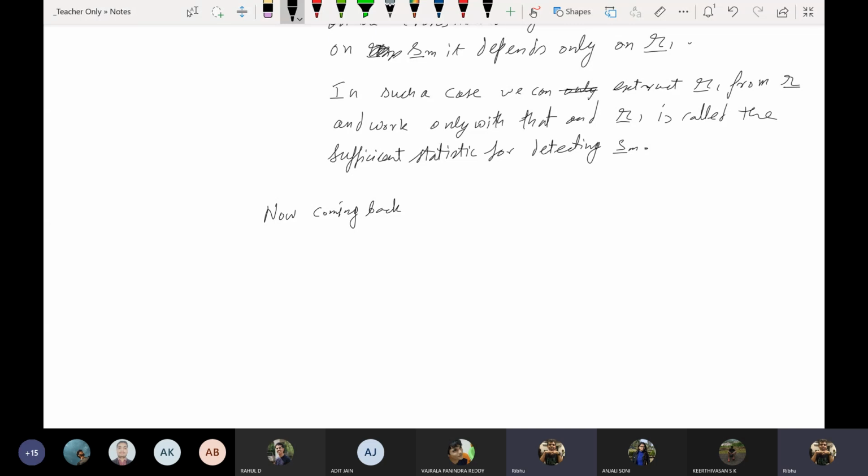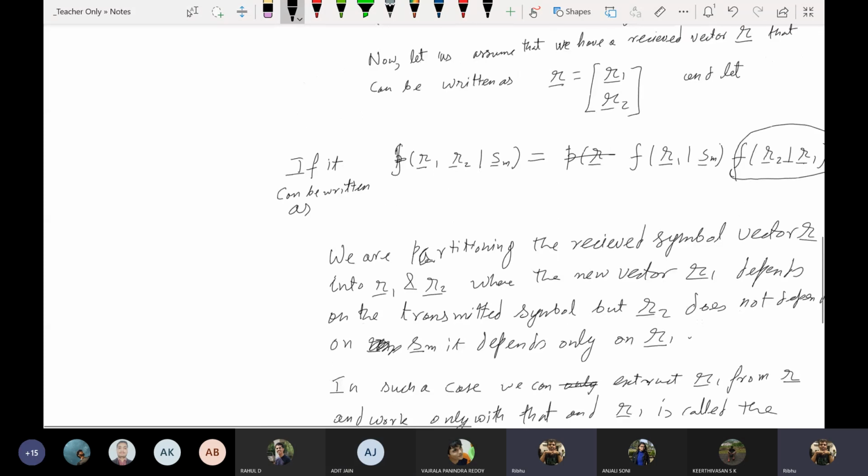Maybe your receiver is inefficient. Sir, but R1 is sufficient information to get back SM? Yes, if this condition is met.